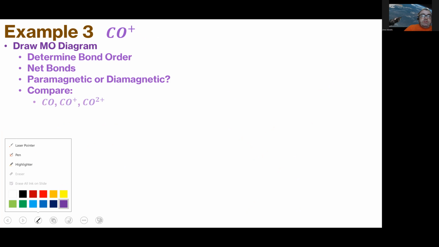Let's do another one. CO plus. We can do this as long as we're doing two atoms and keeping it in the second period. Two different elements is no different than the same element. All that's different is how you count the electrons. This has oxygen in it, so we're going to use our oxygen pattern.